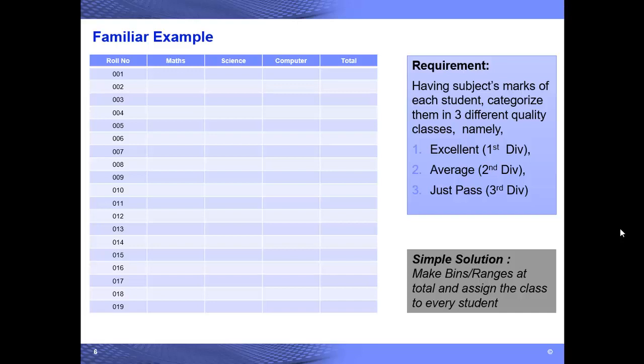And each of the students, with the help of their school committee, has been labeled as either excellent category, average category, or just pass category. So obviously that committee would have seen their marks, the scores each of the students got in math, science, and computer.